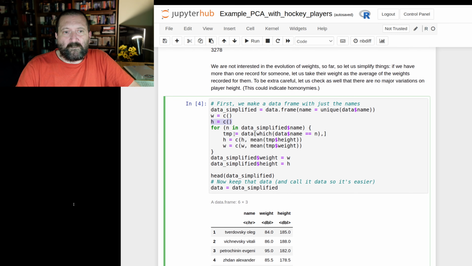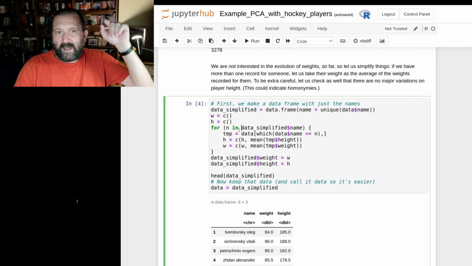And so what I'm doing here is I'm simply taking each individual name. Just as a remark, and we've seen that a couple of times already, I'll point out that we could also go for indices in the data frame.